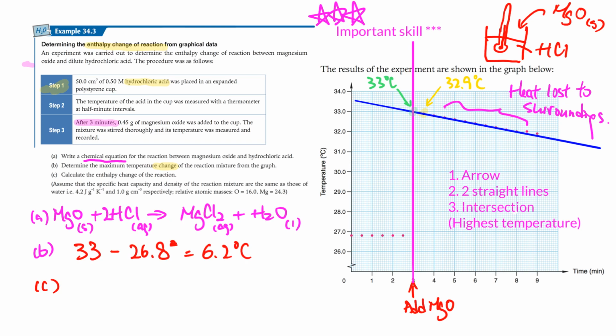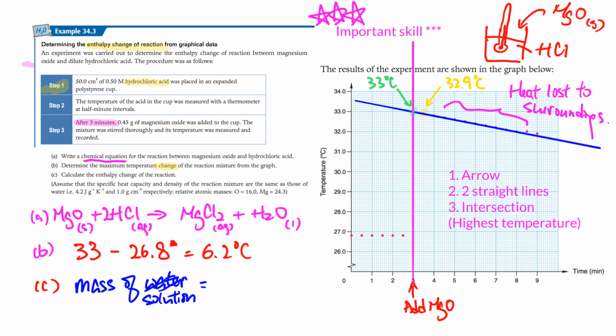But before that, it seems that we don't have the mass of the solution. So I think we may need to find the mass of the solution first. Mass of water, or you say the solution. I think the solution would be much better. Right here, mass of solution.